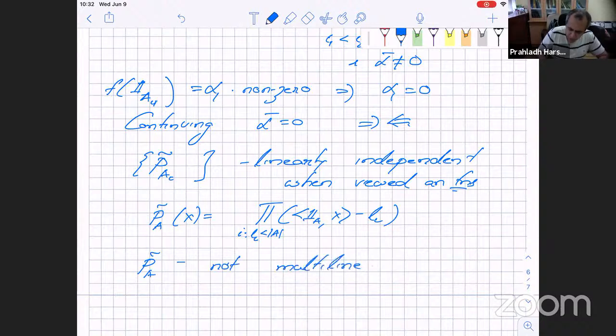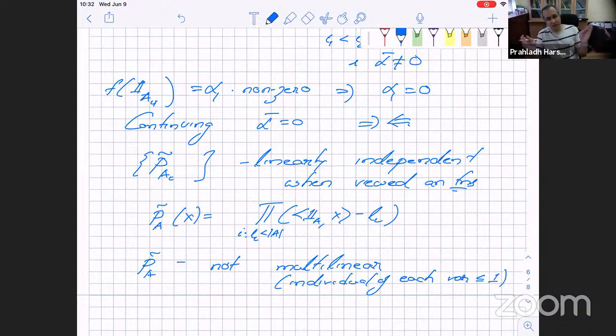But everybody knows what multilinear is. If anybody doesn't know, let me know. Multilinear means just that the individual degree of each variable is less than or equal to 1. The total degree can be large, but the individual degrees are all at most 1.